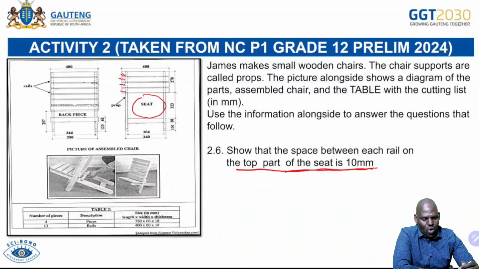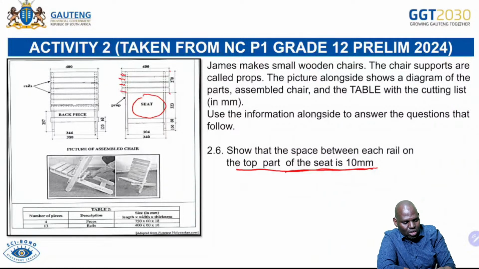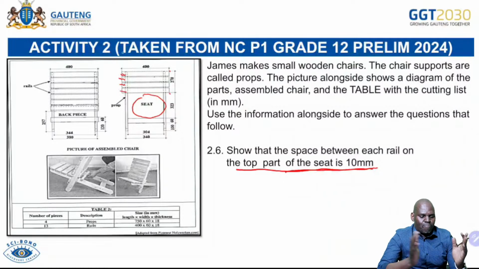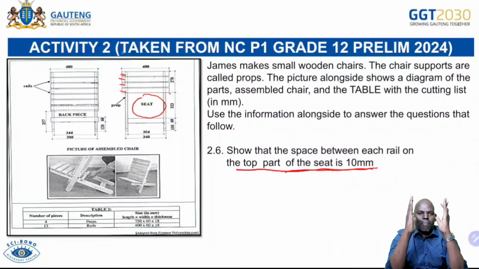So let me count this 1, 2, 3, 4. But you can see that in this case, from this side of the rail to the other side of the fourth rail is 270, and then we know that all these are given in millimeters. So when we put them next to each other, we leave a space in between.